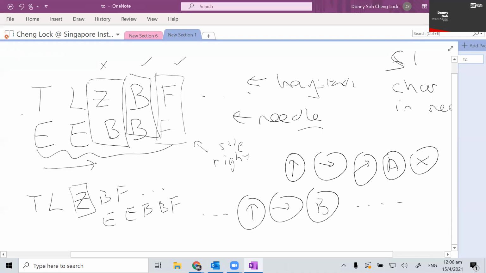I know that my combo pattern can't happen anywhere near here, because there is a button here that's not in my combo pattern. So I can begin looking for the combo pattern from here onwards. This is exactly what we are doing: we have found a character that is not in my needle, and so I can shift the entire search space to one character beyond T. In your notes, this is slide 46.